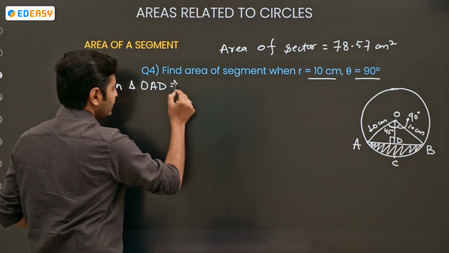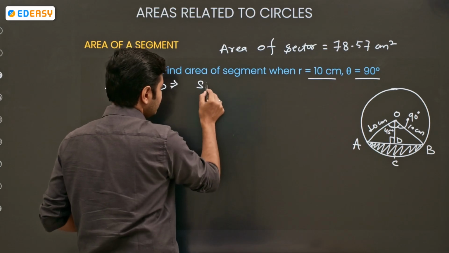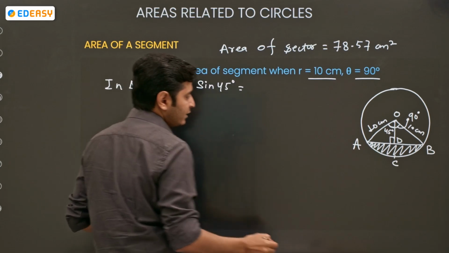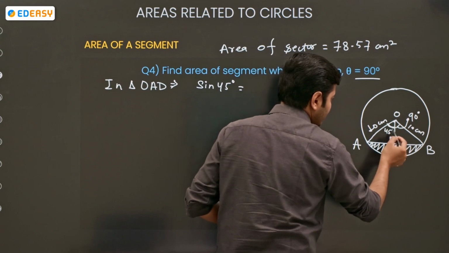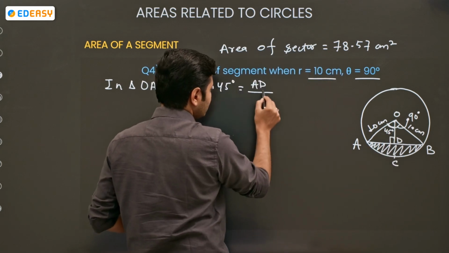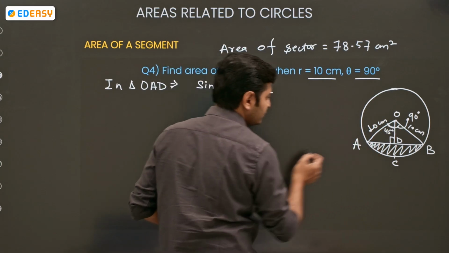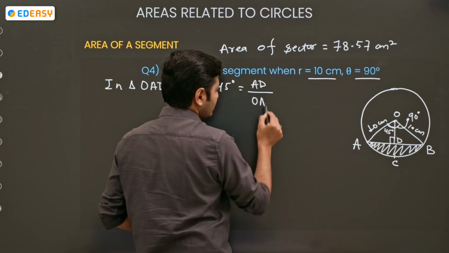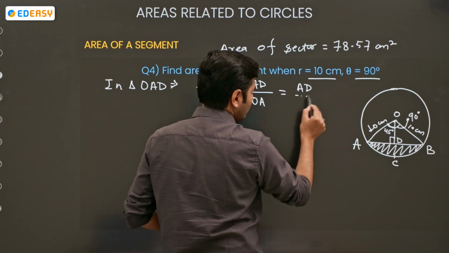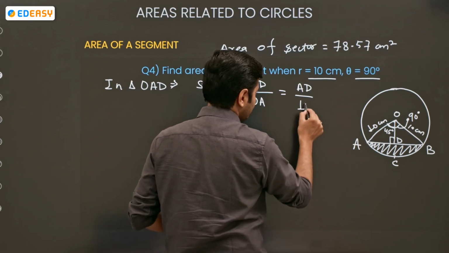In triangle OAD, if we go for sine 45 degree, sine 45 degree means side opposite to angle, that is AD, perpendicular by hypotenuse, that is OA. Now AD value we don't know, we need to find. OA we know, that is 10 centimeter.